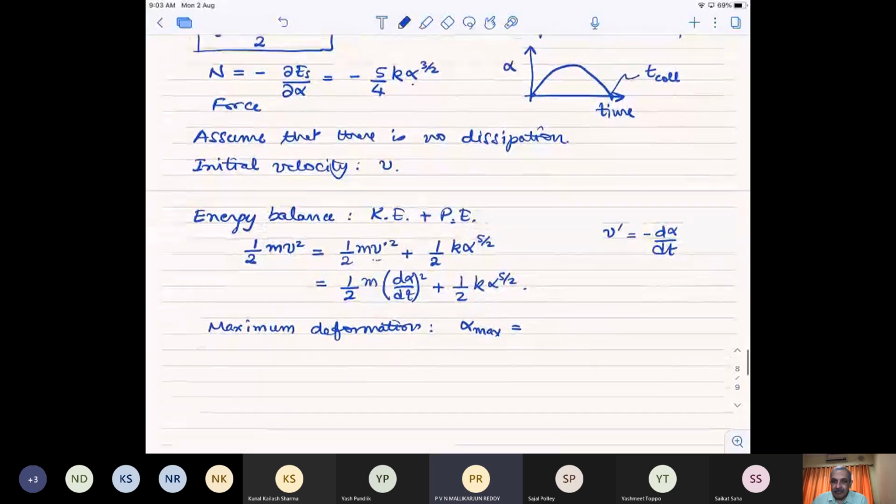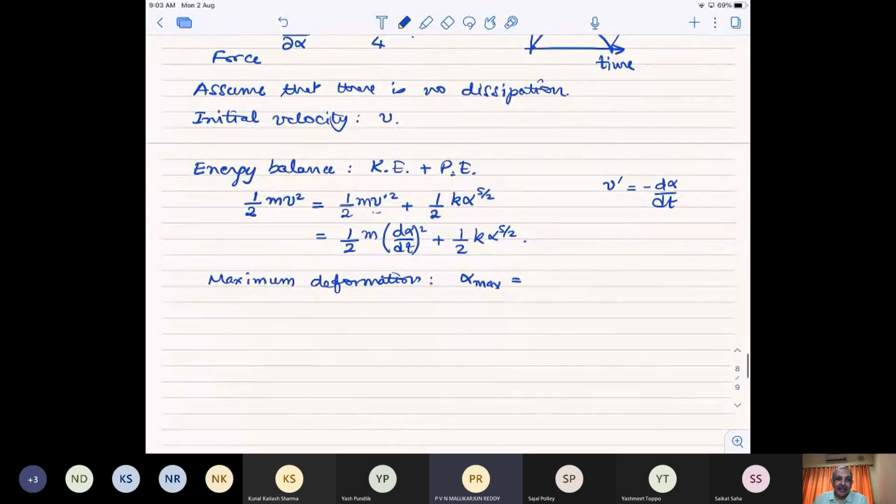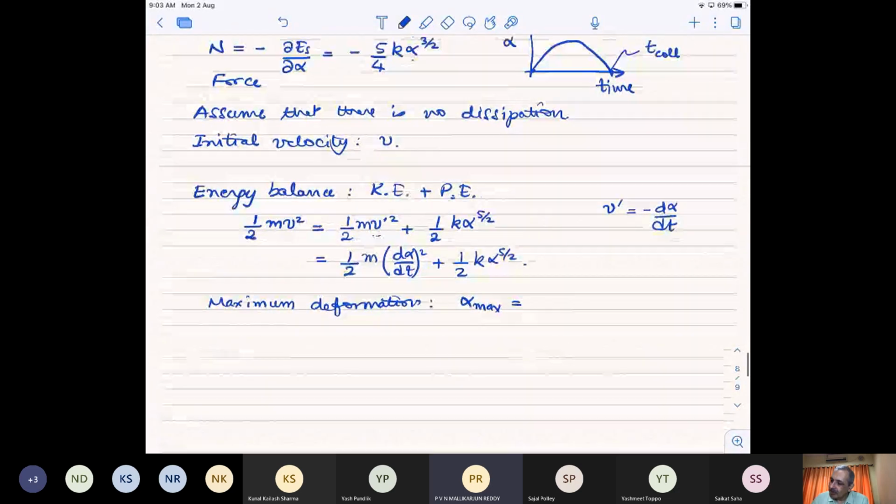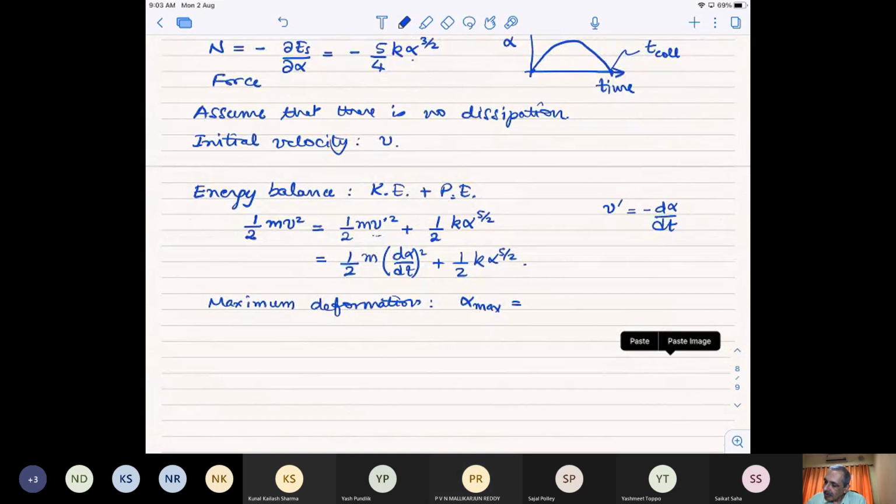At alpha max, d alpha by dt will be 0. V prime will be 0. That's absolutely the correct answer, that when you reach the maximum value, you can see that the slope of d alpha by dt is 0. So essentially the velocity at the point where the deformation is maximum is 0.